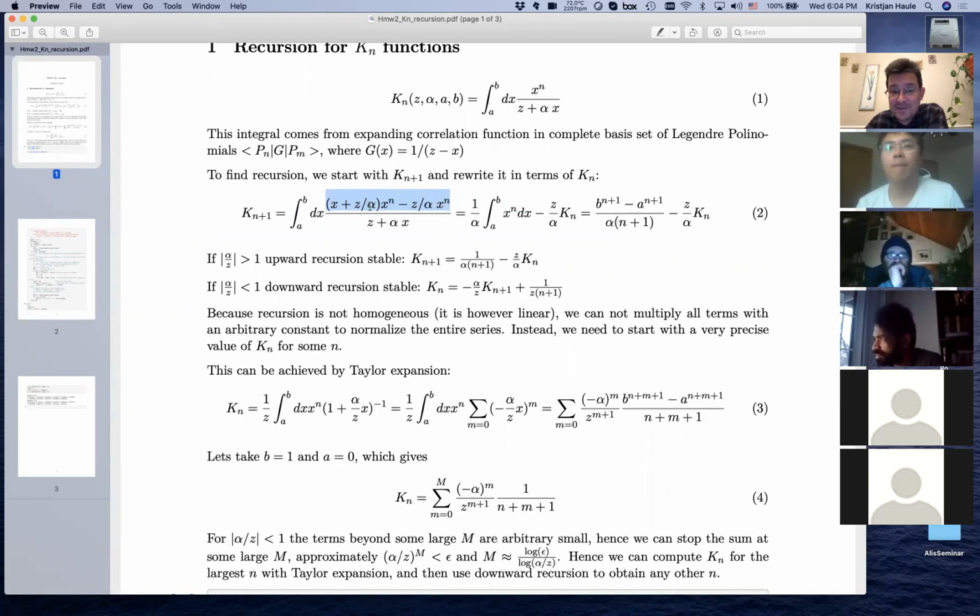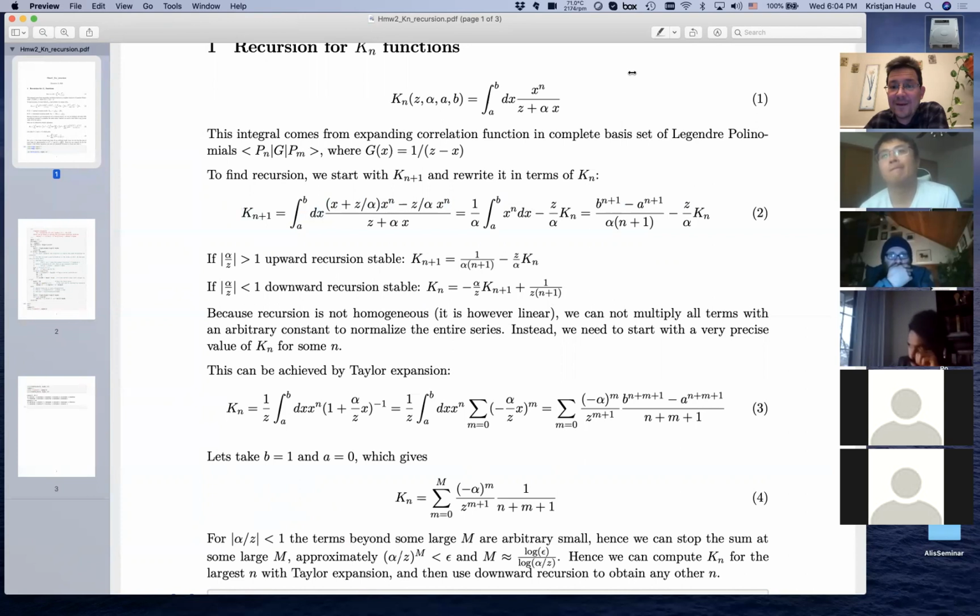You see that this first part, z over alpha x to the n, subtracts. Is it obvious? Do you see that this is exactly k_(n+1)? Is it obvious?